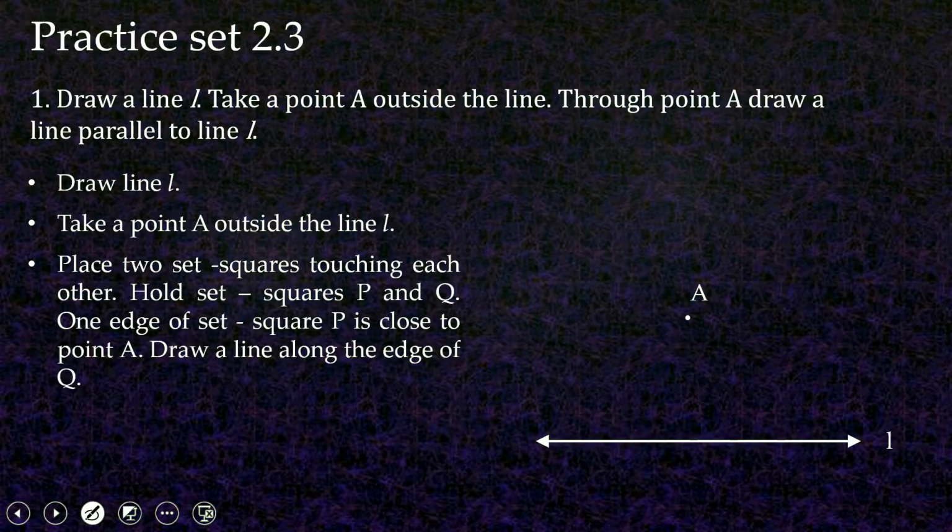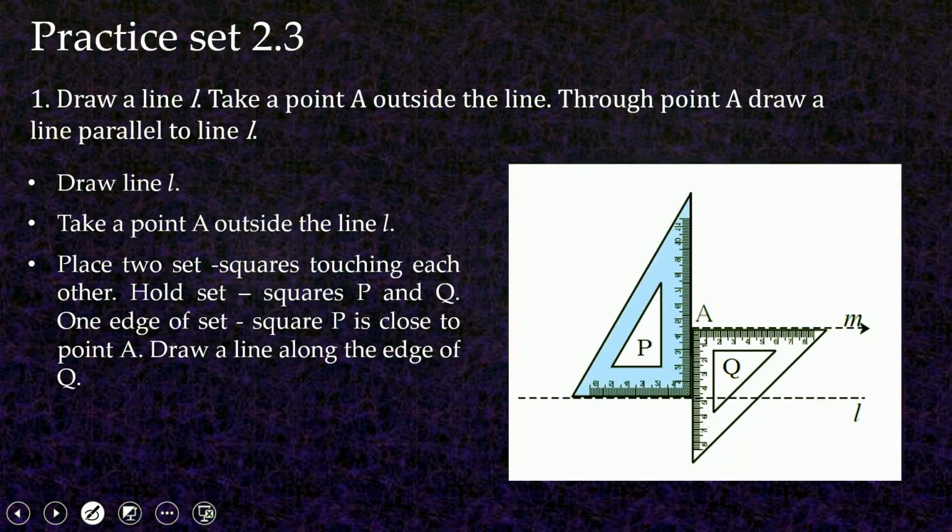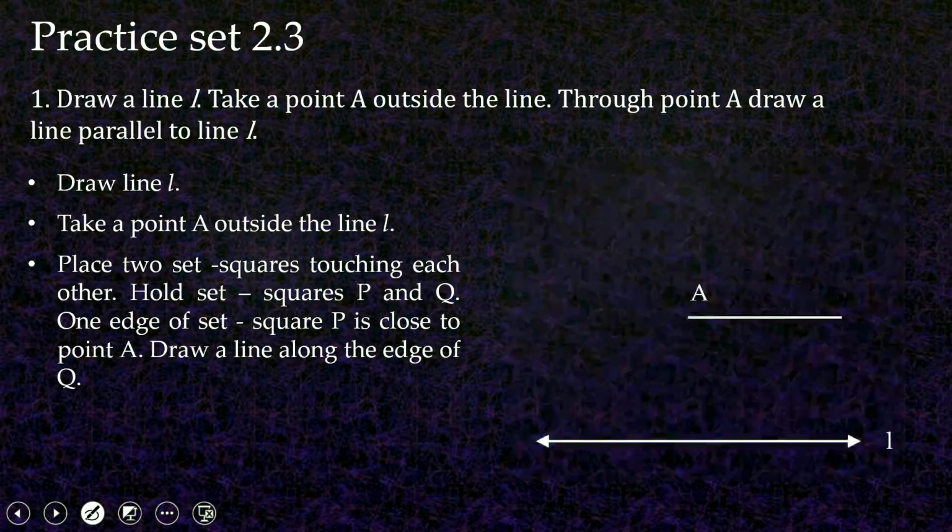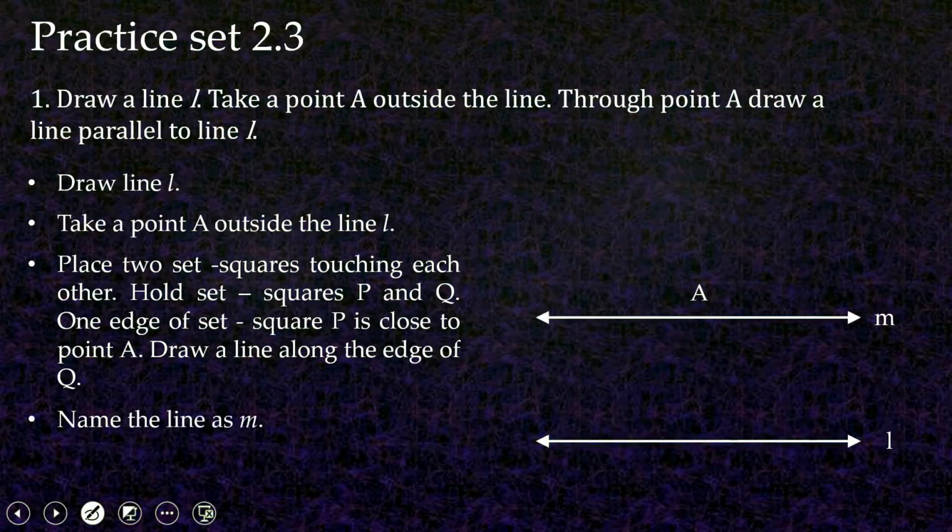Hold set squares P and Q. One edge of set square P is close to point A. Draw a line along the edge of Q. In this way, you have to draw the line and extend it. Name the line as M. Line M is parallel to line L. So this is a way of drawing a line using set square.